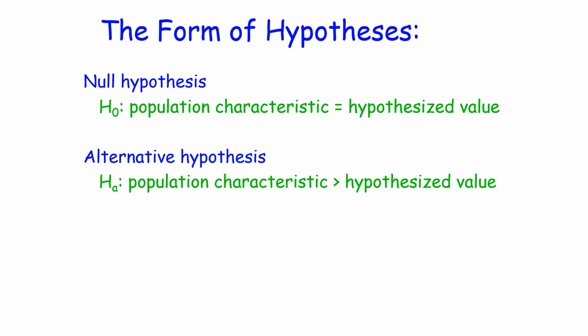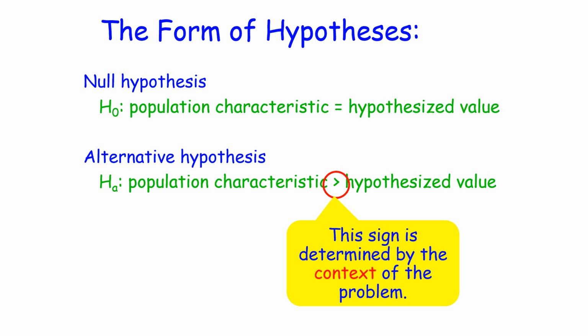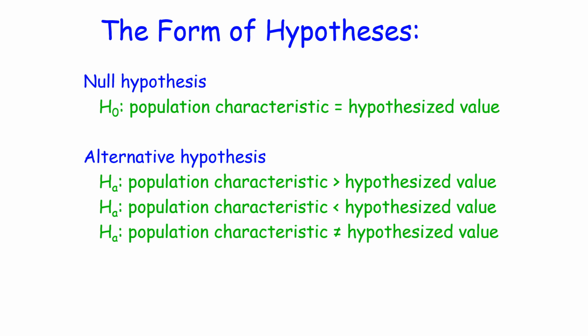Now, the alternative hypothesis, or H sub A, is the population characteristic greater than the hypothesized value. Notice that the population characteristic and the hypothesized value are the same as the null hypothesis. The symbol that we use is actually determined by the context of the problem, so it doesn't have to just be greater than. It could also be less than or not equal to.